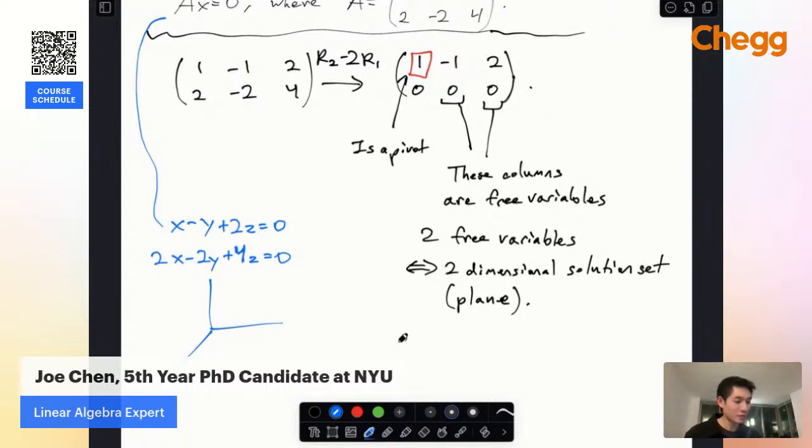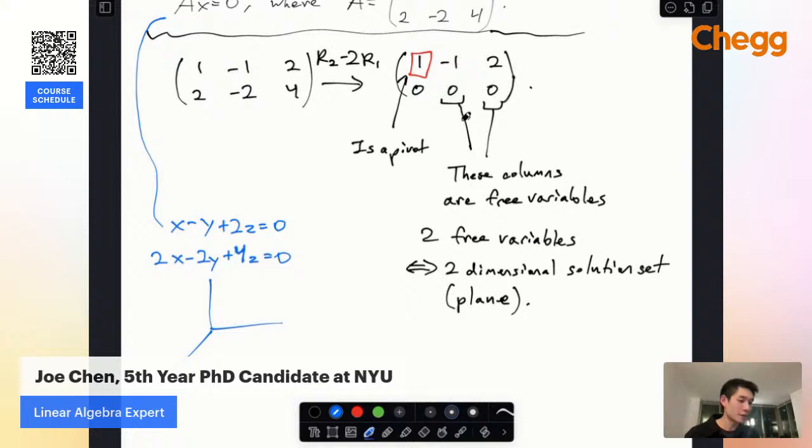And yet here, the solution set is a plane. And you can observe that you kind of have the situation of the parallel lines, right? Except here it's more like parallel planes. You see that one equation is just twice the other. And so this information is captured in the number of free variables. So this is pretty cool.